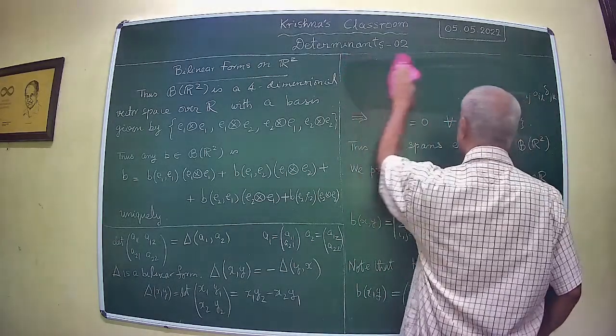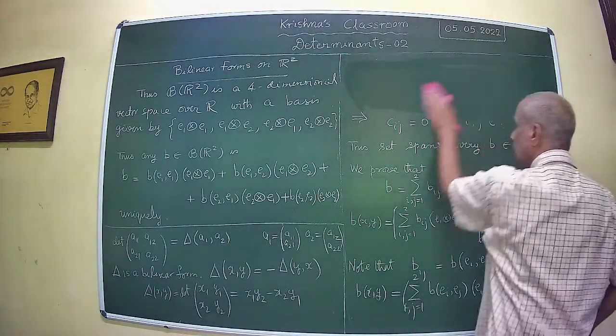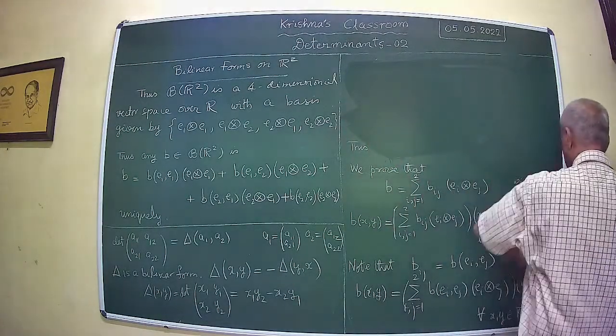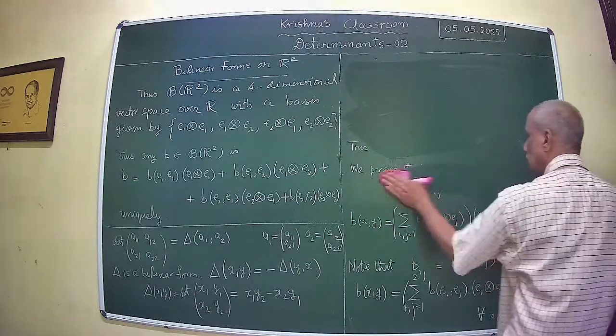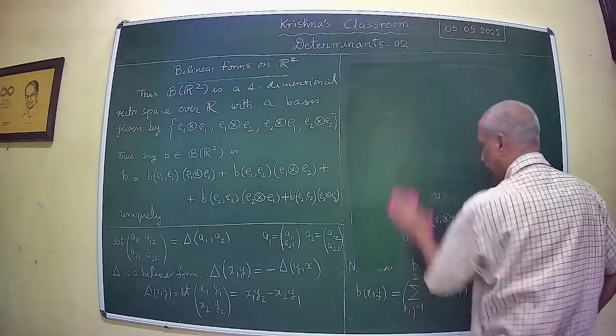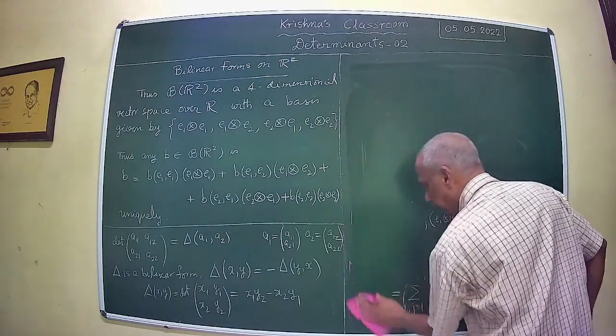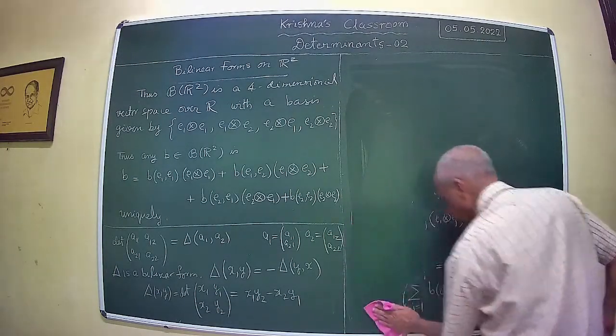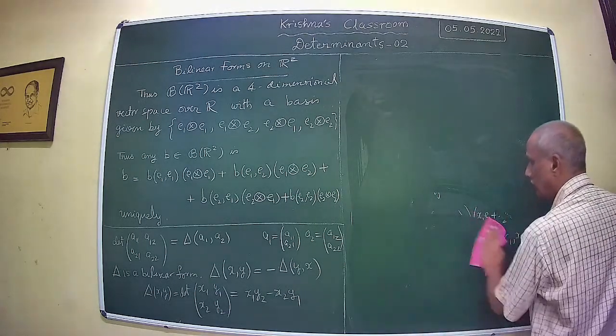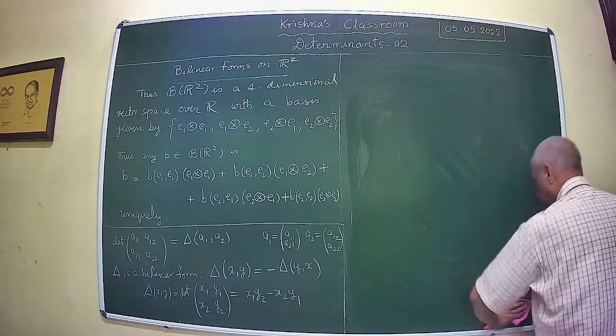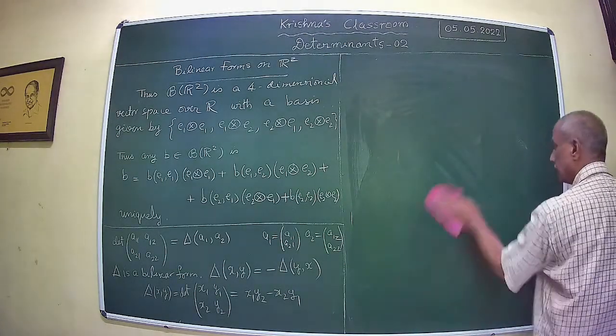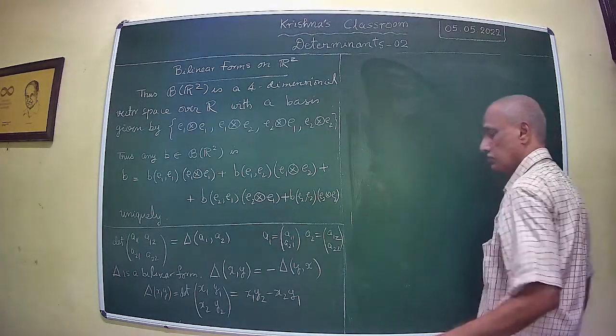Further, you can also verify that, or as a consequence of this. Now, this is a special class of bilinear form. Therefore, this is not a general bilinear form, but it's a special class of bilinear form.